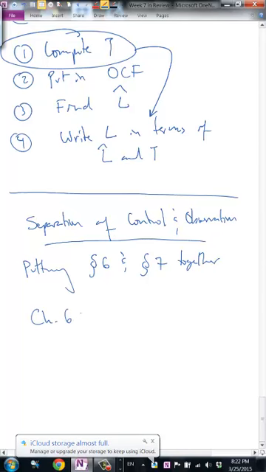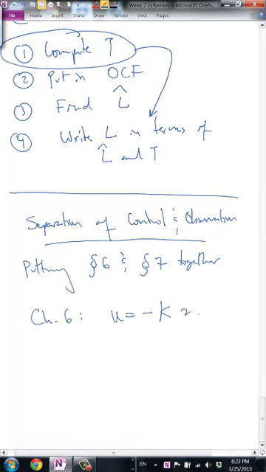So in chapter 6, we saw, again just summarizing a very small part of chapter 6, how we can choose K so that the feedback U equals minus Kx stabilizes a system.